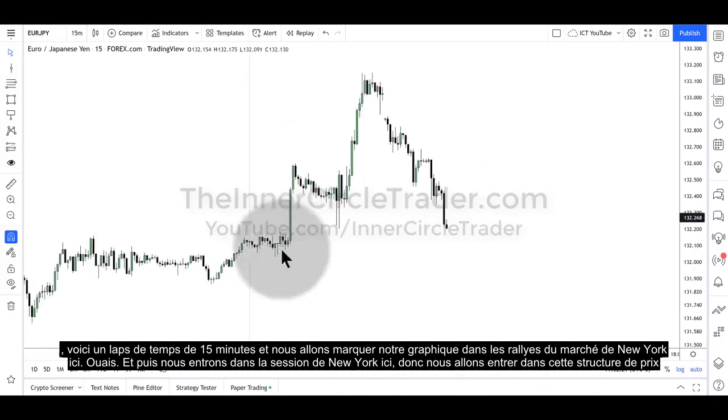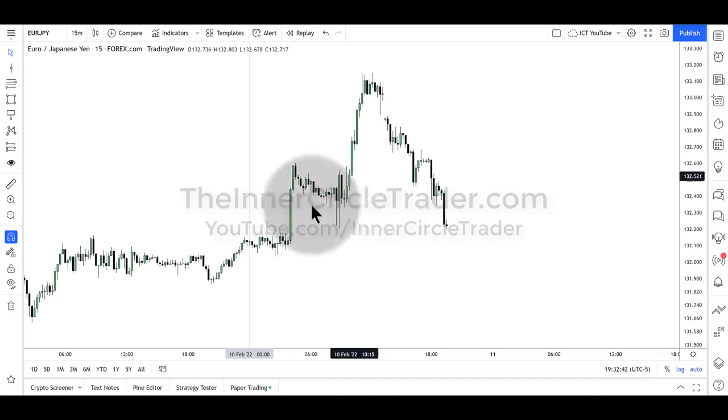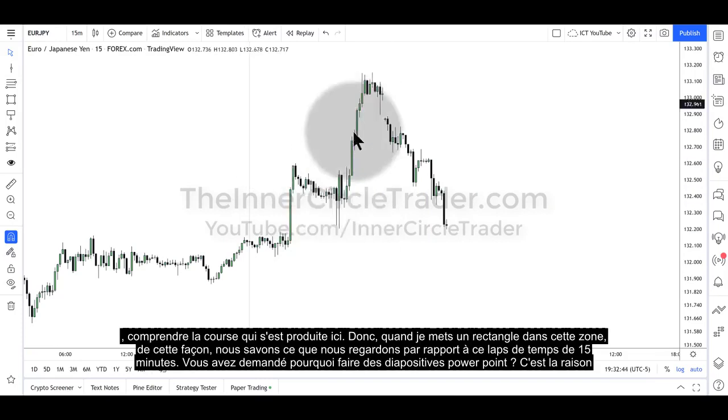Market rallies in here. Then we go into the New York session right here. So we're going to go into this price structure and ferret out the run that occurred in here. I'm going to put a rectangle in this area so we know what we're looking at relative to this 15-minute time frame.